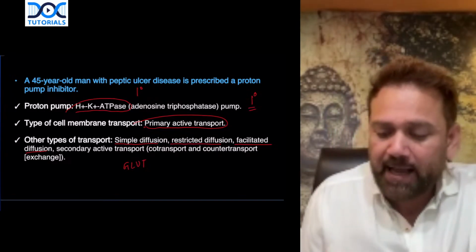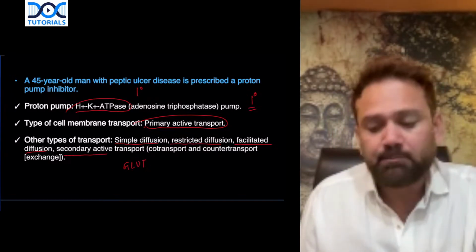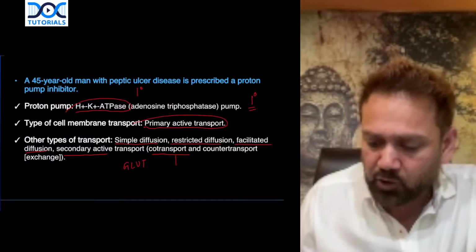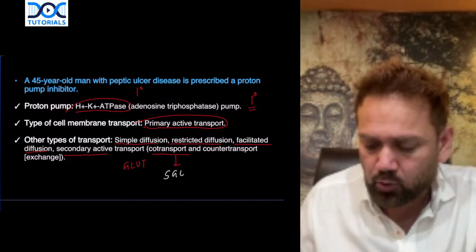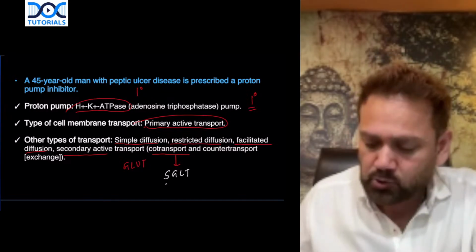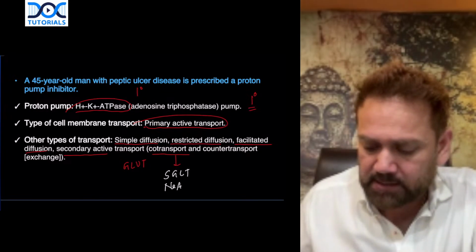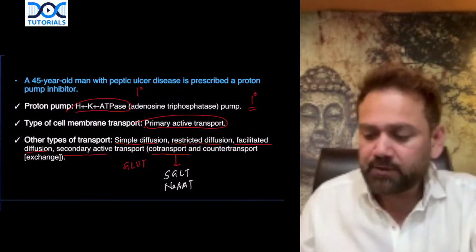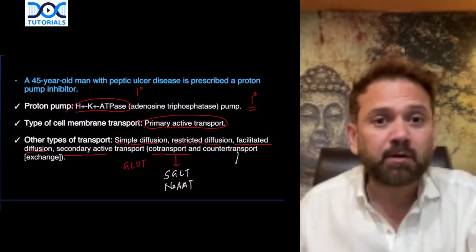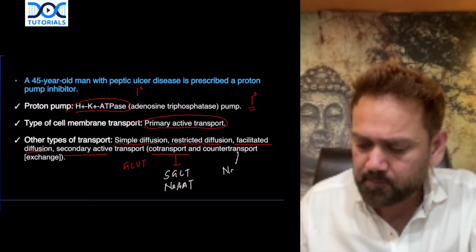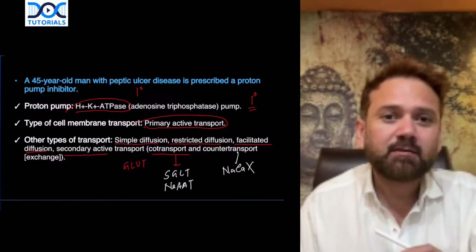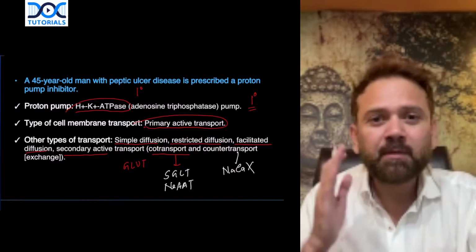Then secondary active transporter. It can be a co-transporter, like if you remember the examples, SGLT, the sodium glucose transporter, and the sodium amino acid transporter. Then we have counter transporters, with plenty of examples, like number one, the sodium calcium exchanger.